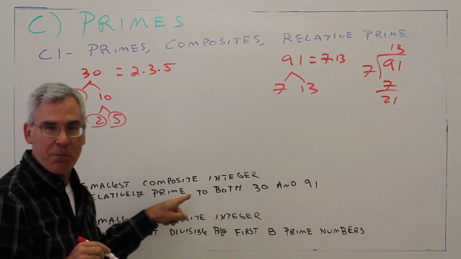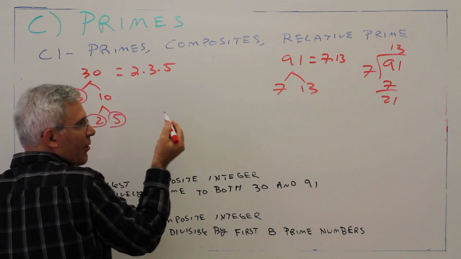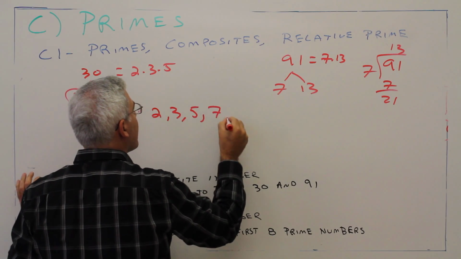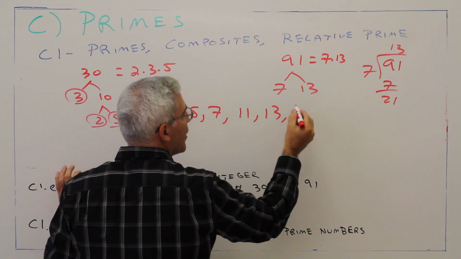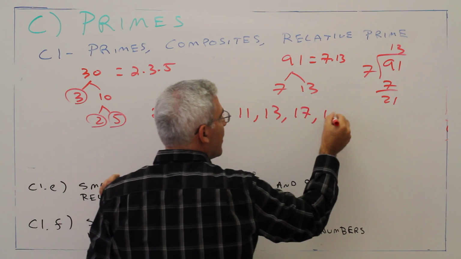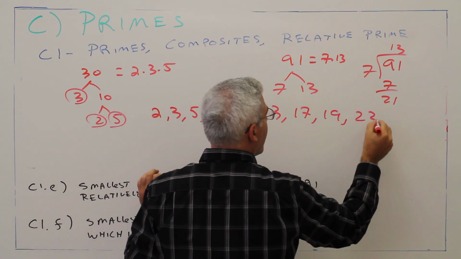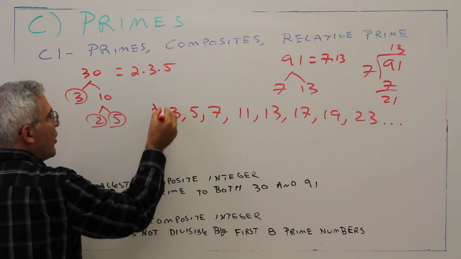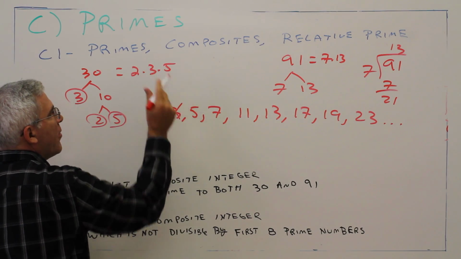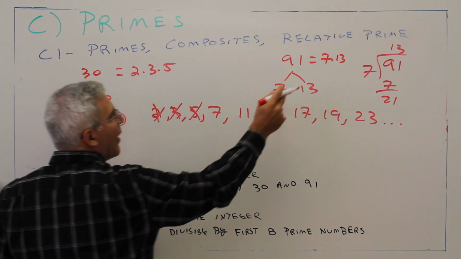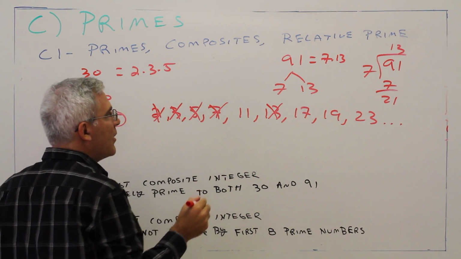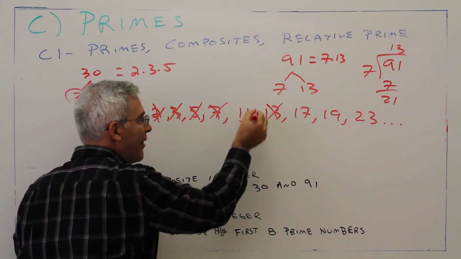And I want it to be the smallest composite. So let's just list down what the primes are. 2, 3, 5, 7, 11, 13, 17, 19, 23, etc. So I can't be 2, I can't be 3, can't be 5, can't be 7, can't be 13. I can be 11.